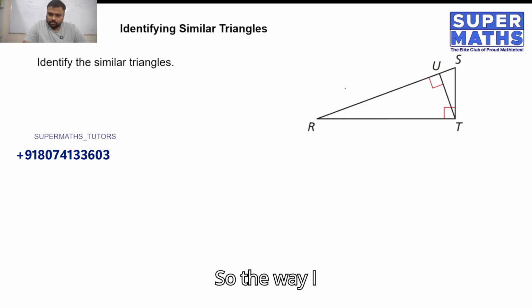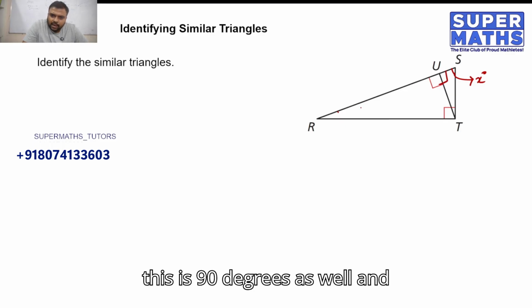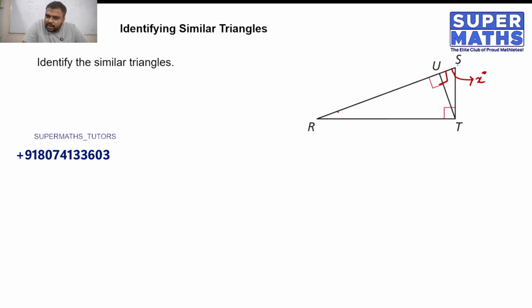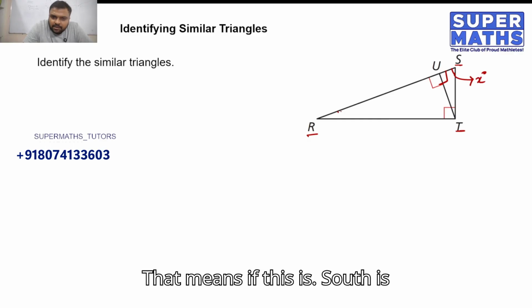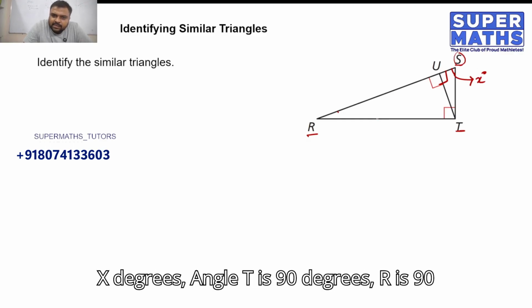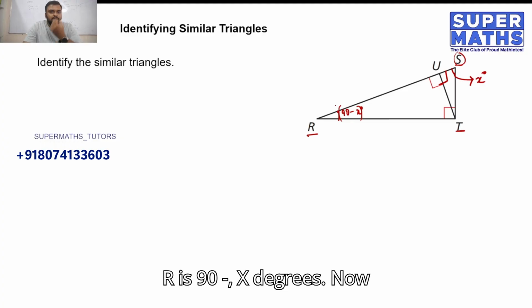So the way I go about it is, this is X degrees. Since this is a right angle triangle, this is 90 degrees as well, and STR is a right angle triangle. That means if S is X degrees, angle T is 90 degrees, R is 90 minus X degrees.